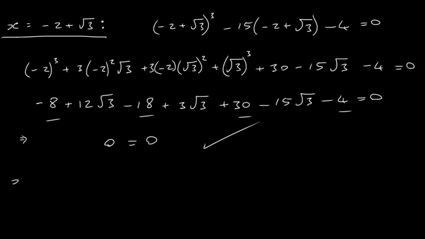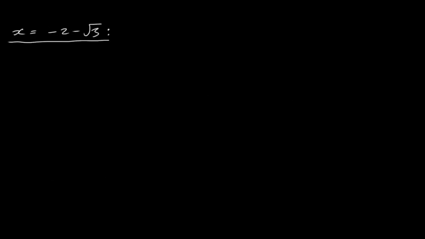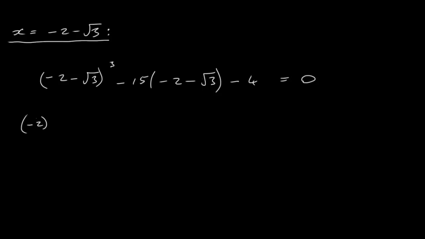We have x is equal to minus 2 minus root 3, so same thing again. Okay, so we have minus 2 minus root 3, which we cube, and then we have minus 15 times minus 2 minus root 3, and then we have minus 4 here, so that should be equal to 0. Let's check that out. Using the binomial expansion here again, we've got minus 2 cubed, and it's going to be minus this time, isn't it?